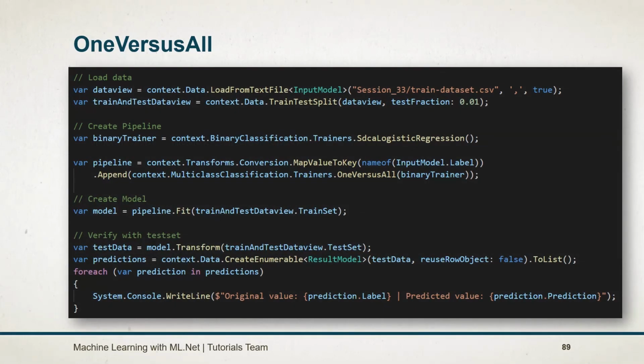Here is the example that we created, in which we loaded the data and split it, then created the binary trainer as it's required by the OneVersusAll method, converted the label into keys, appended the multi-class classifier and passed the binary trainer within that, then generated the model and transformed the test dataset using that model, and printed out the original label as well as the predicted value.